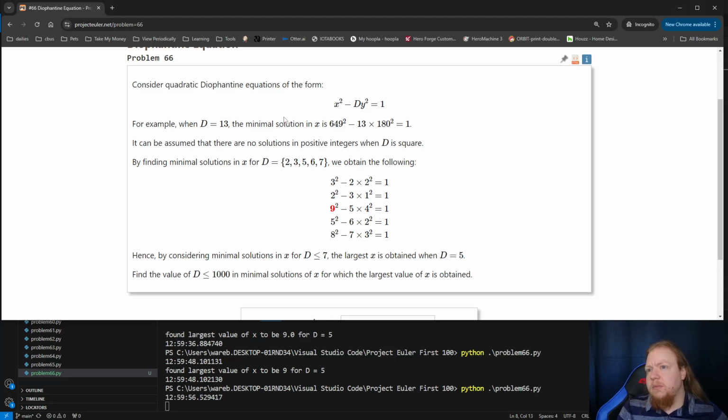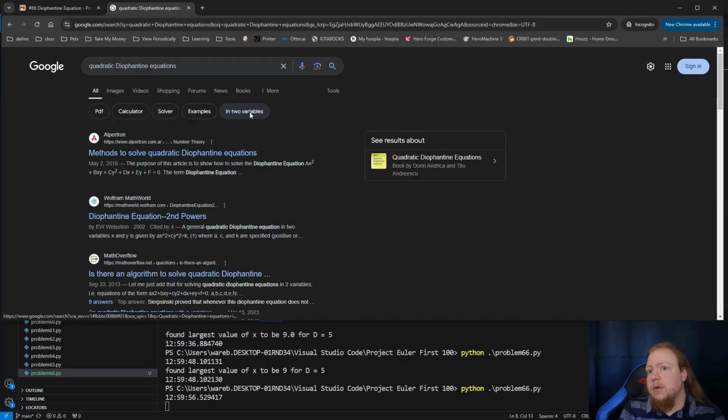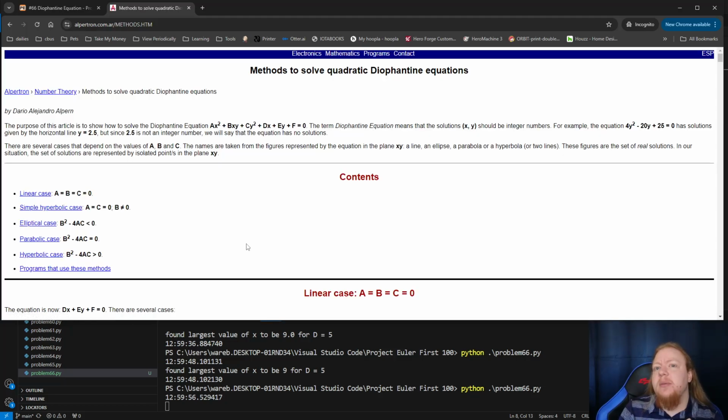But I think there's a better way still to find this. Let's just look up how to solve these types of equations.